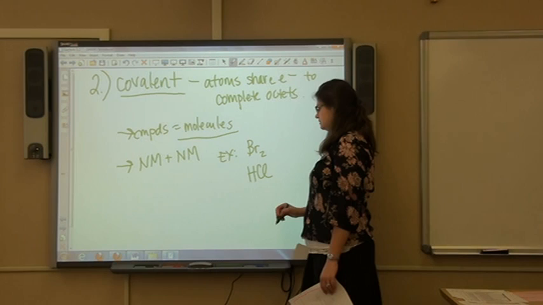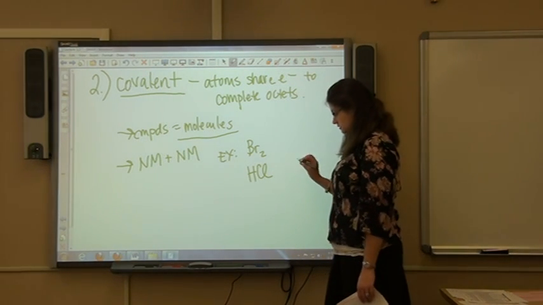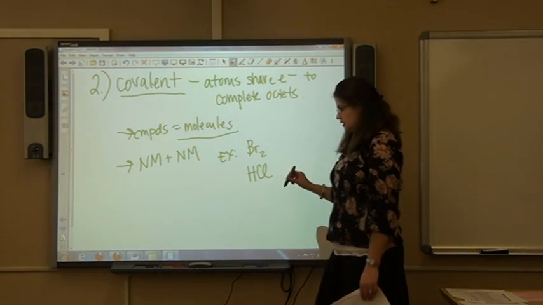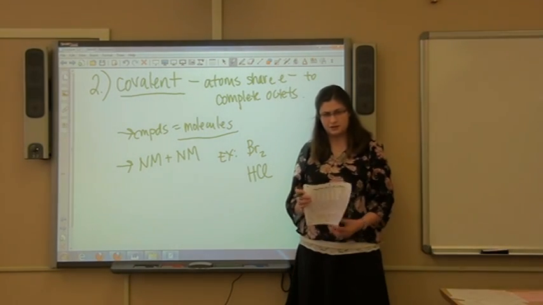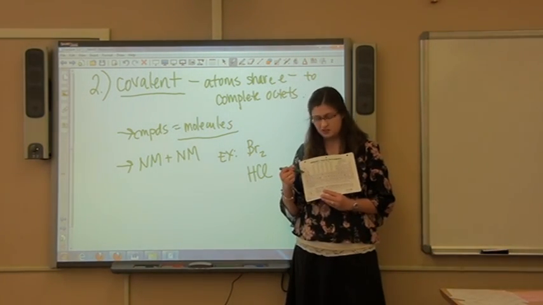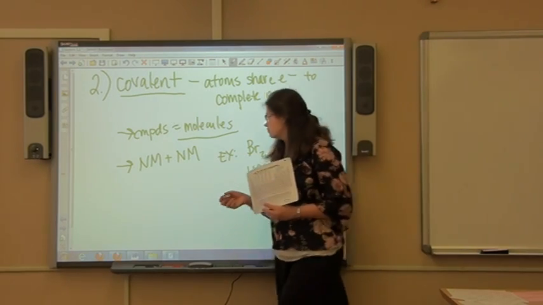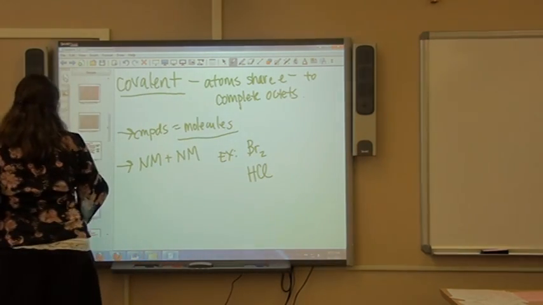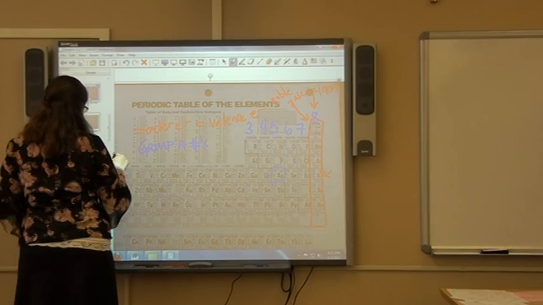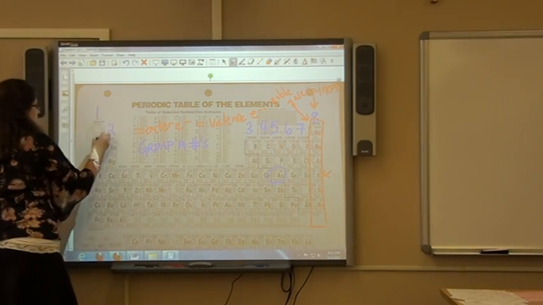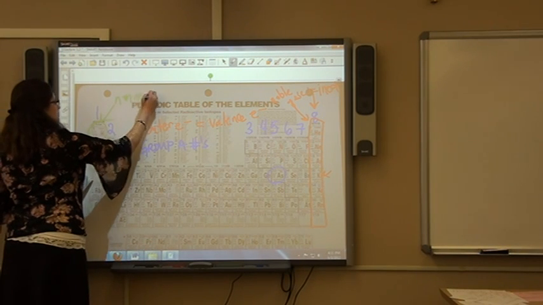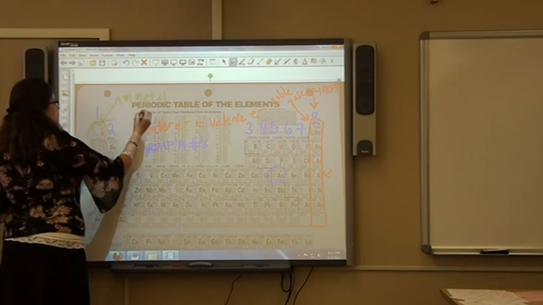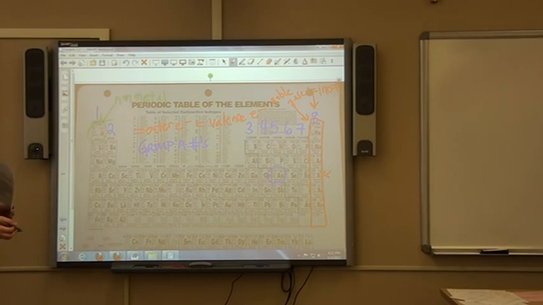HCl is hydrochloric acid. This is a covalent compound. Look at your periodic table. Find where H is. It's right here. What I want you to do is on your periodic table, circle hydrogen and write nonmetal right by it.